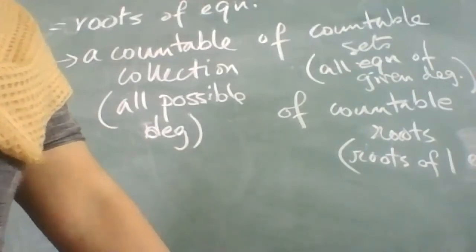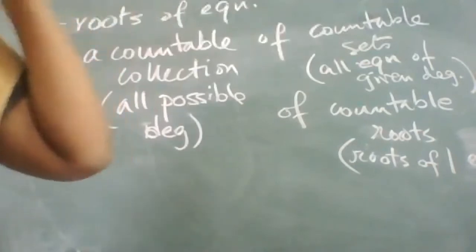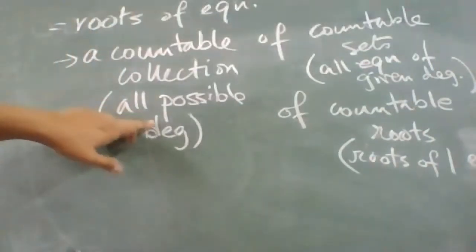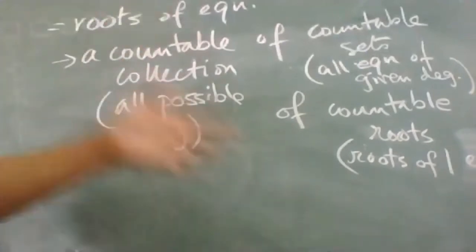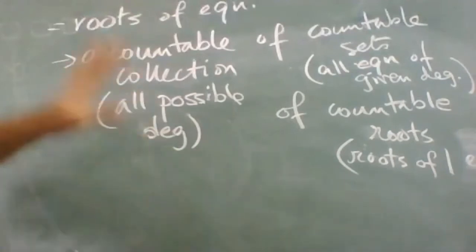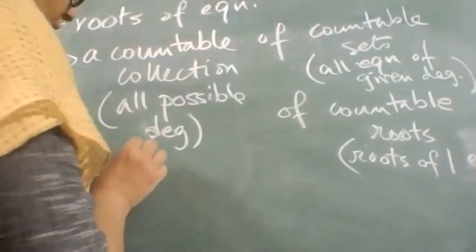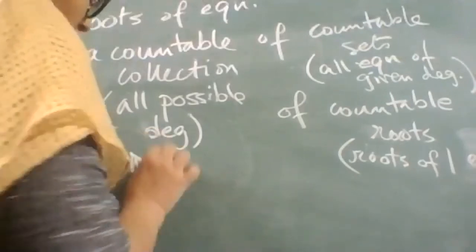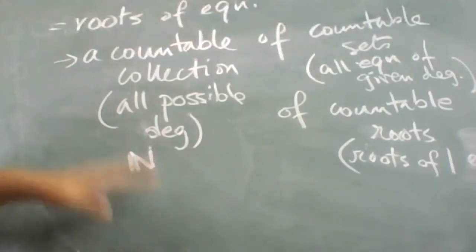Okay, not all possible constructible numbers, but you know, basically it will be all constructible numbers. There may be more. Okay, and then as you go into the cubic, etc., you get other roots. So this all possible degrees, I would say this is just the set of natural numbers. Okay, so this is one way you can label the buses.